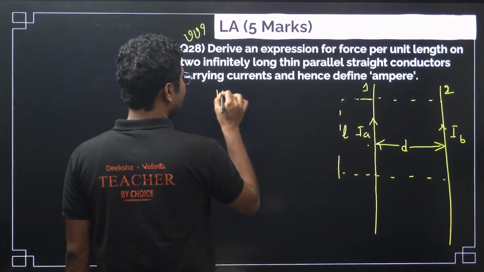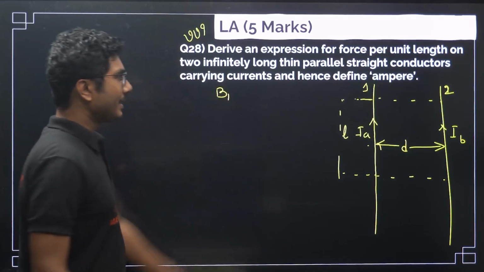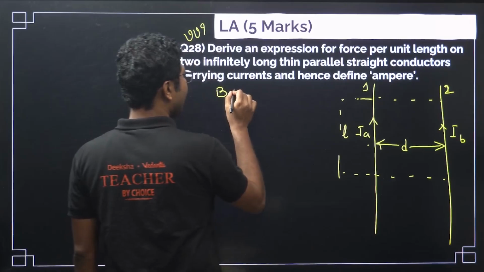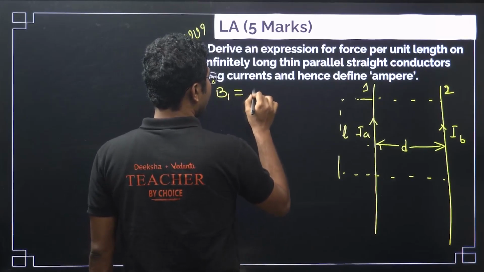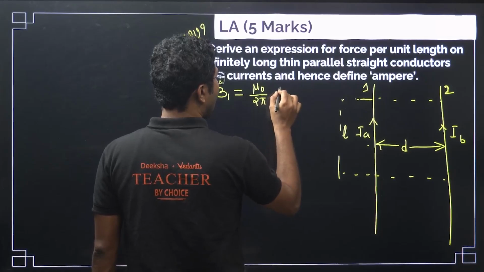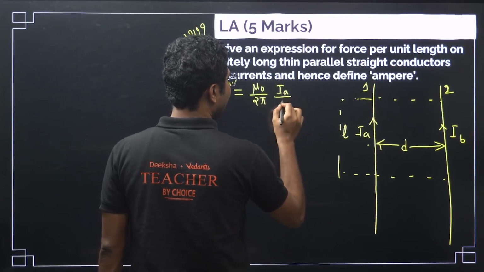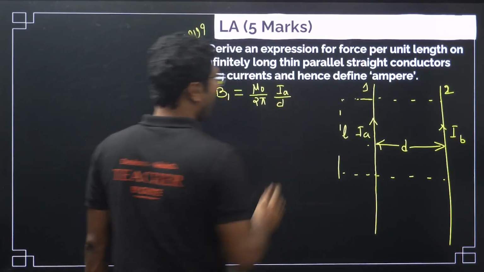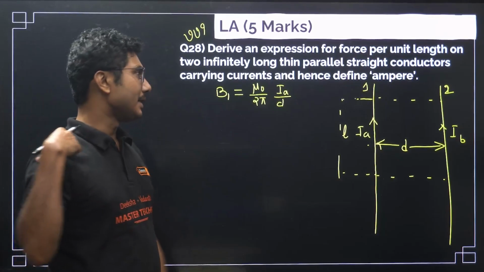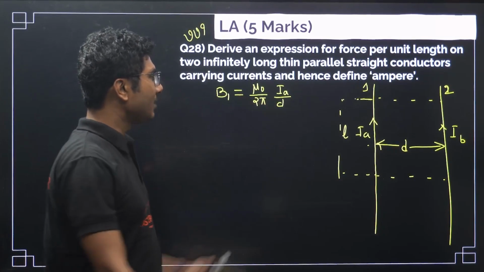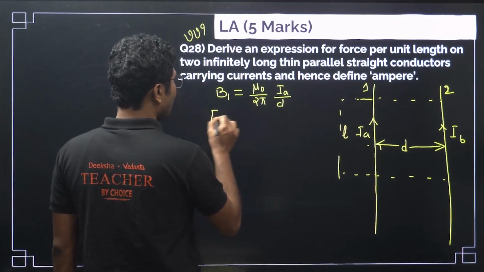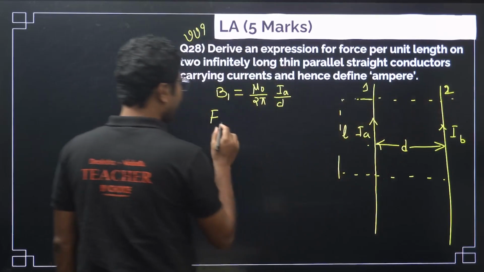So, the magnetic field due to wire 1 at a distance D is given by mu naught by 2 pi IA by D. No square, nothing, simple IA by D. So, this is the magnetic field due to wire 1. What is the force on the second wire?